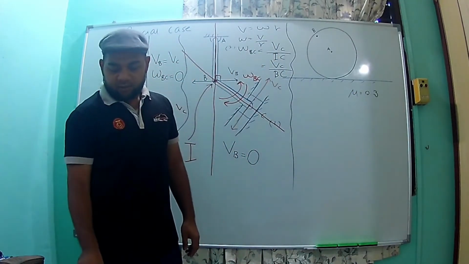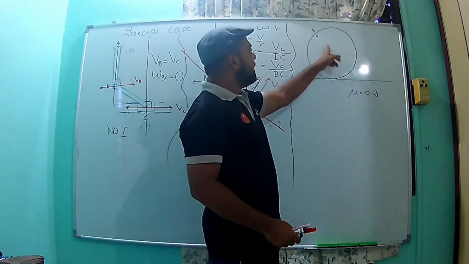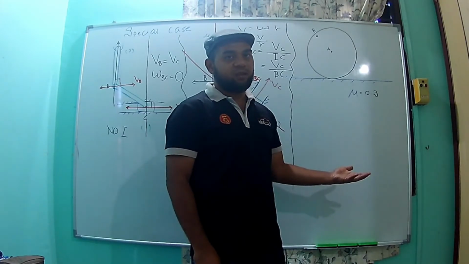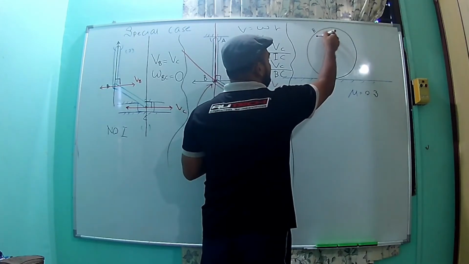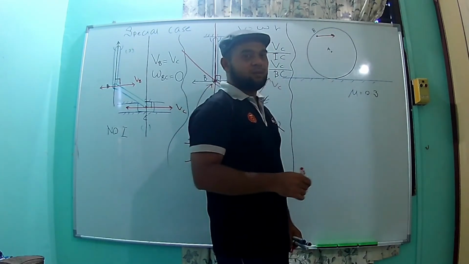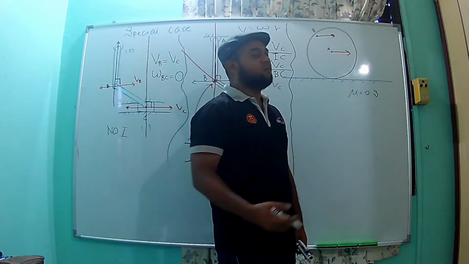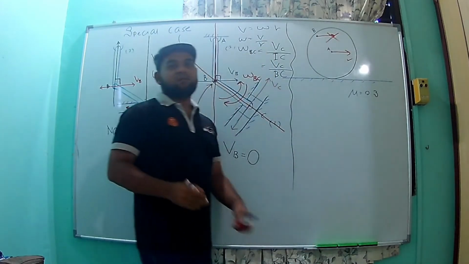So what happens to the velocity at point A or point B? How do you know the velocity at point A and point B? Does it go directly like this one, or this one? In this case, this one is correct, but this one is wrong.